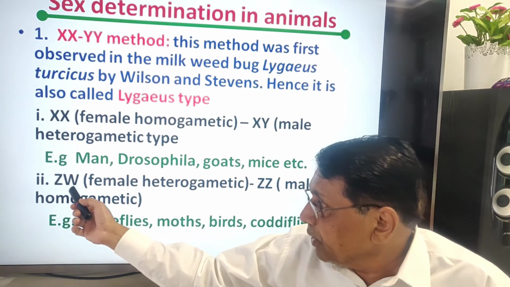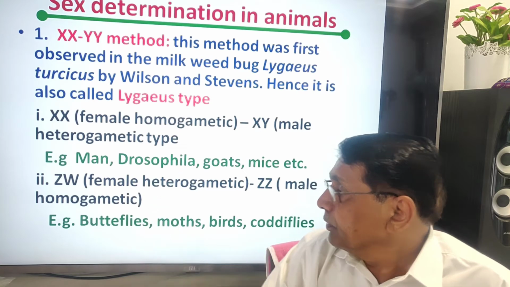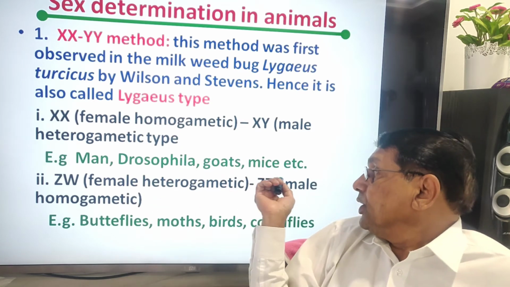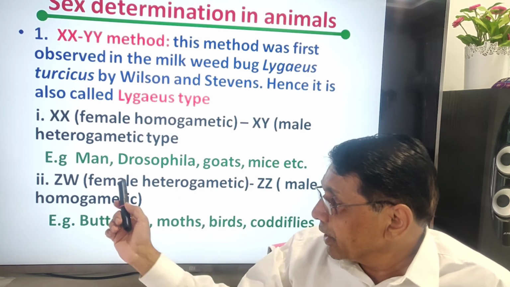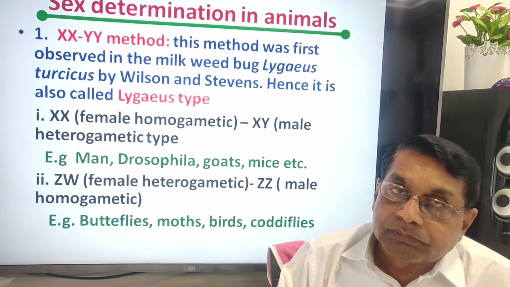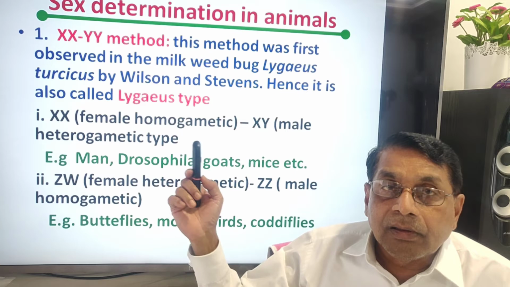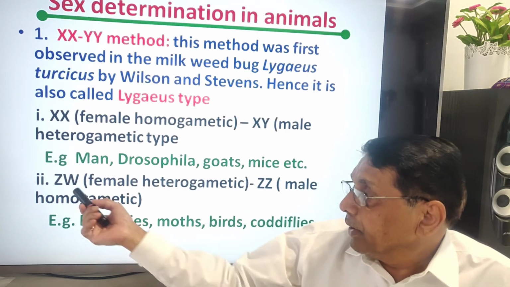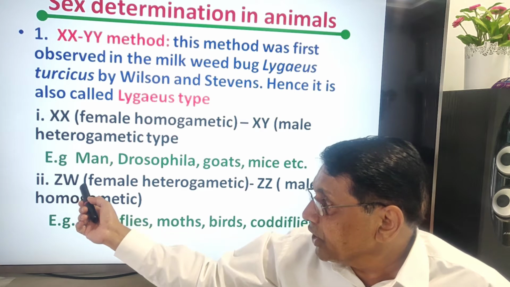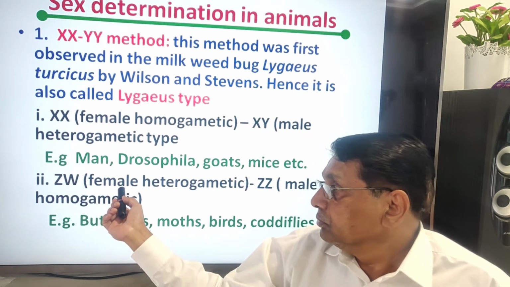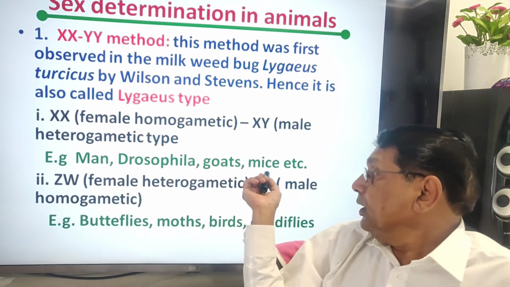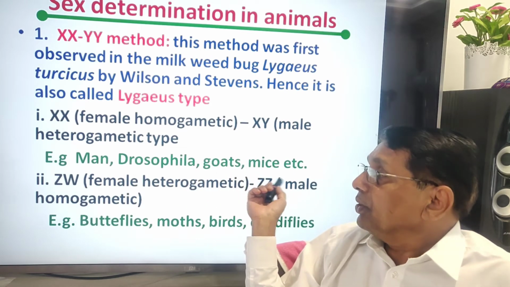Then ZW female, heterogametic, and ZZ male, homogametic. In man, male is heterogametic and female homogametic. But here, female is ZW, where Z is different from W, and in males both are similar.